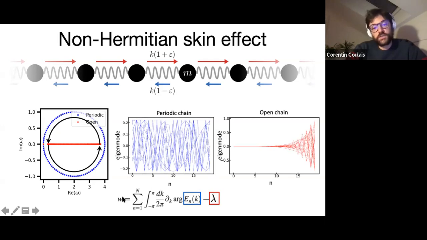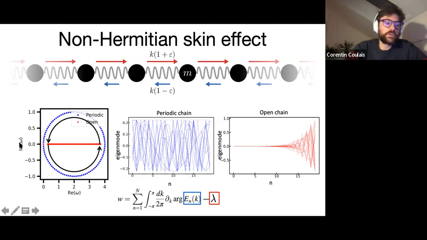Usually you define a winding number, which is basically defining how this loop encircles a point in the complex plane. If the energy winds around an eigenvalue, you have a winding number of 1.